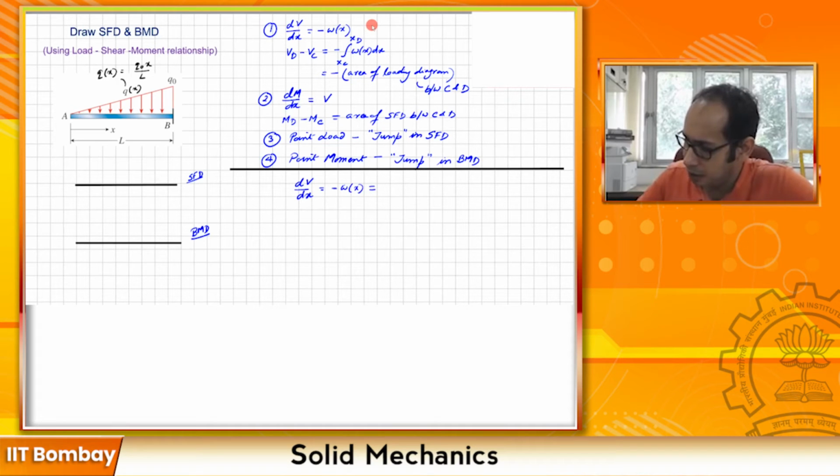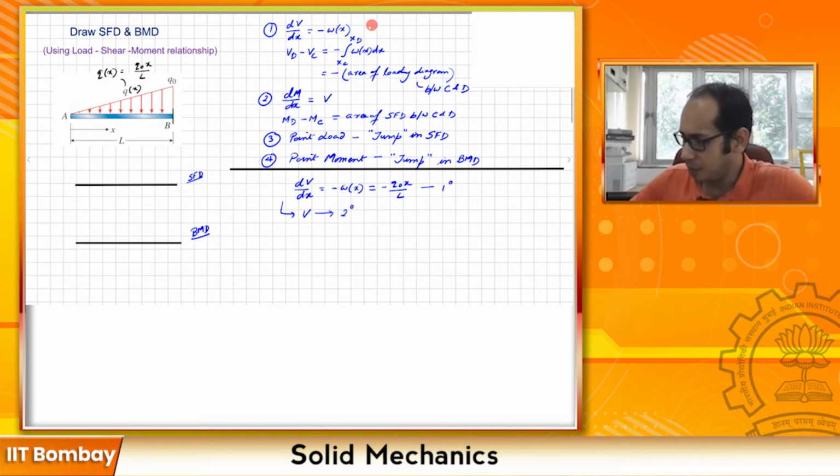In this case it is minus of q naught x by l, right? So now since this is degree 1, that tells you that V will be a second degree, right?